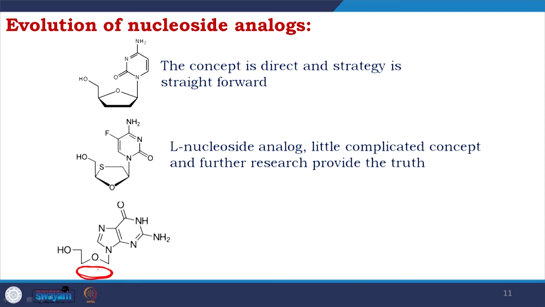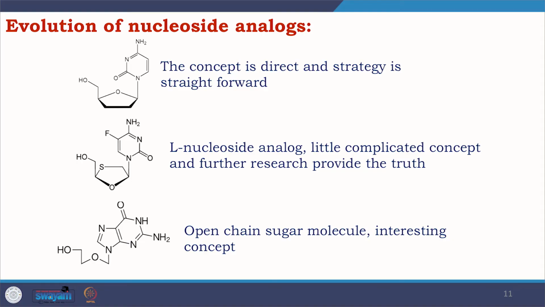So, instead of being a closed ring, this is an open chain. So, this open chain has an even more interesting mechanism, of how it actually very specifically kills the herpes virus.